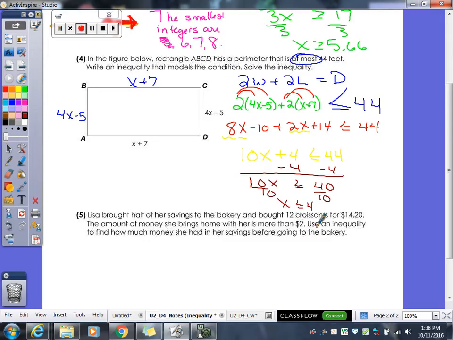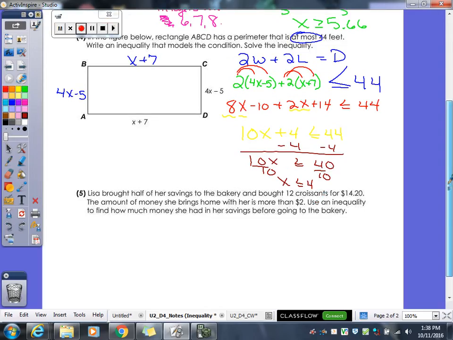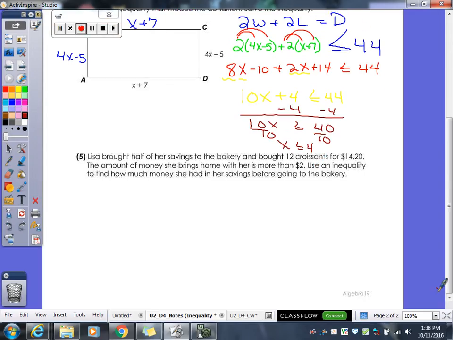All right. This next one is like one of those, I call these tricky kind of puzzle, almost like a riddle type of math problem. Okay? But the main thing is getting our let statement right. So let's start with let x equal. Lisa brought half of her savings to the bakery and bought 12 croissants for $14.20.